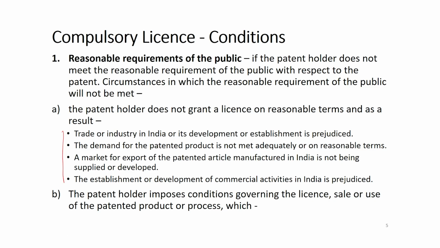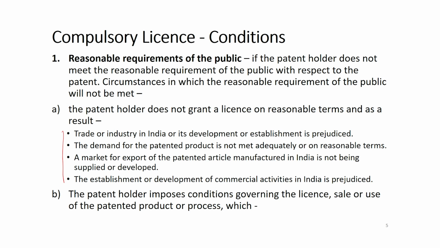Patent holder is not granting license on reasonable terms, as a result of which trade or industry in India is prejudiced. Patent holder is not granting license on reasonable terms, as a result of which demand for the patented product is not met adequately. Patent holder does not grant a license on reasonable terms, as a result of which export needs are not fulfilled.